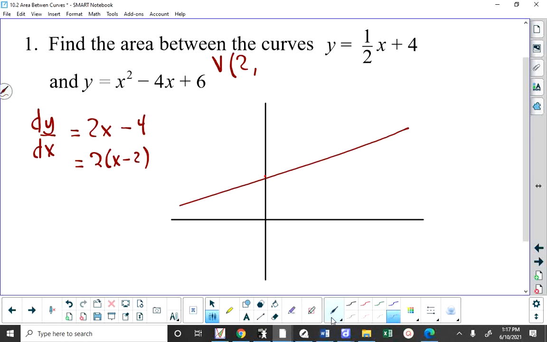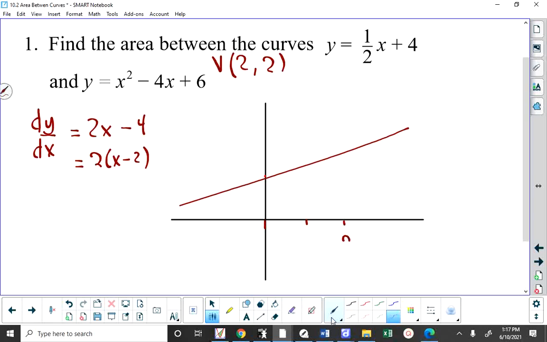So we put 2 into the original function, and what do we get? You get 4 minus 8 is negative 4 plus 6. I think you get 2. You get 2. So let's just confirm something here. So it's a 2 comma 2, but let's confirm something.